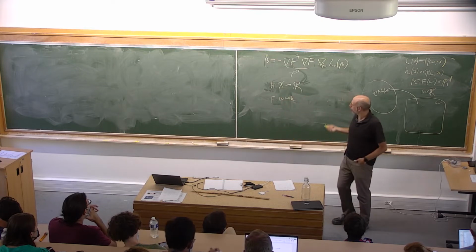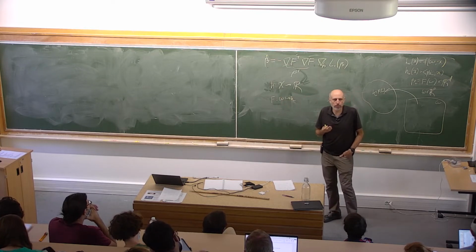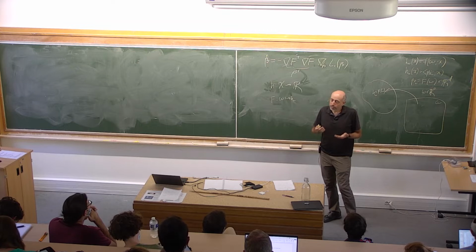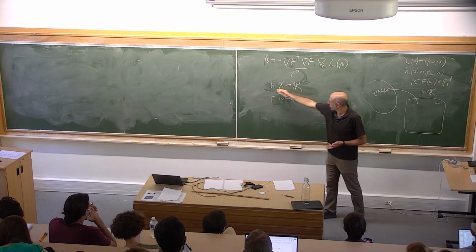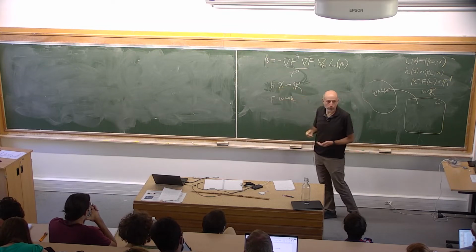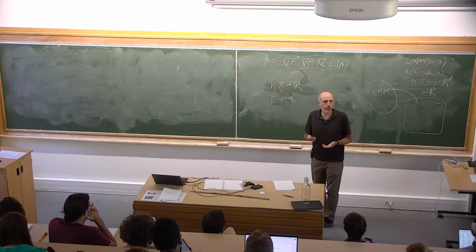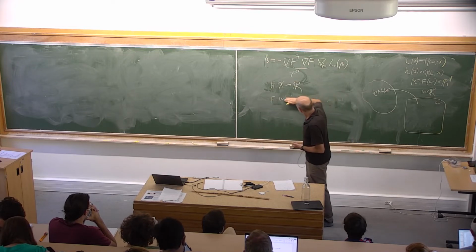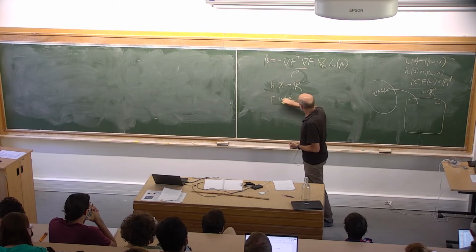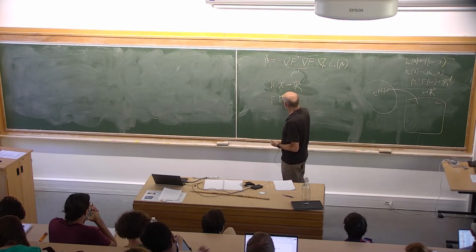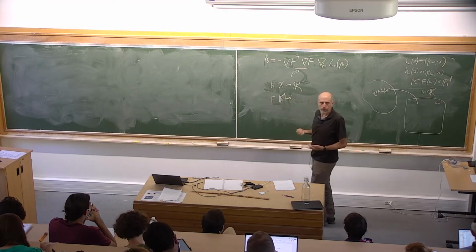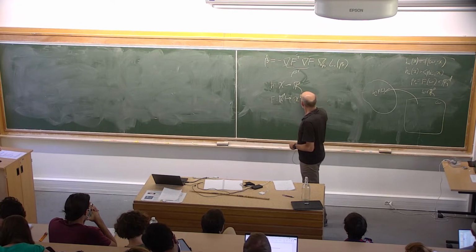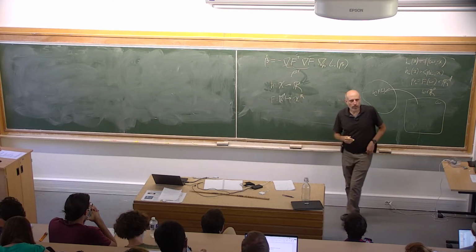So what's a function from X to the reals? It's also just this space of functions, which is also just a linear space. So this is a mapping from R^D to the linear space of functions.